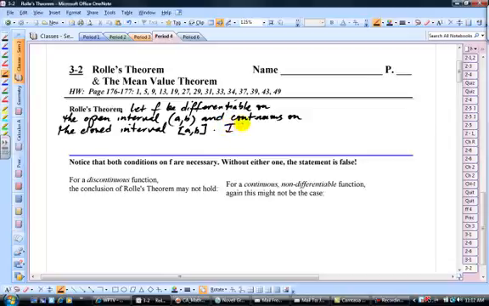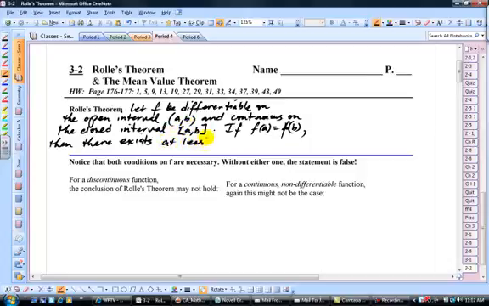It says, if f of a equals f of b, those are function values now. That's the function evaluated at a, a y value. If that's equal to f of b, which is another y value, then what Rolle's theorem states is this: there exists at least one point c.